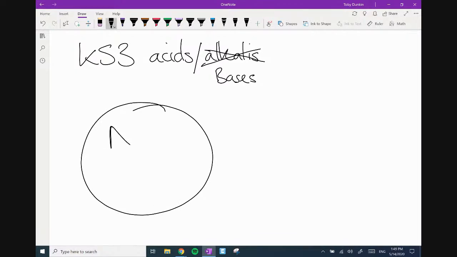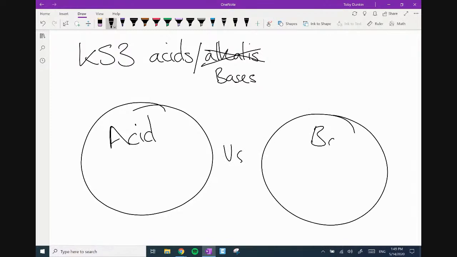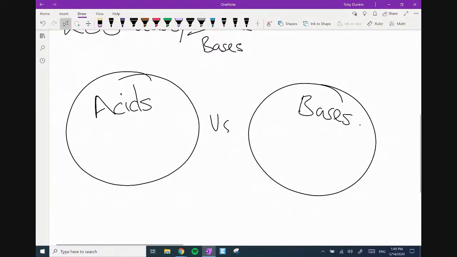We've got the acid family and the base family. Acids and bases are the opposites of each other. So where does the word alkali come from? The reason is there is a subset of bases which are alkalis.